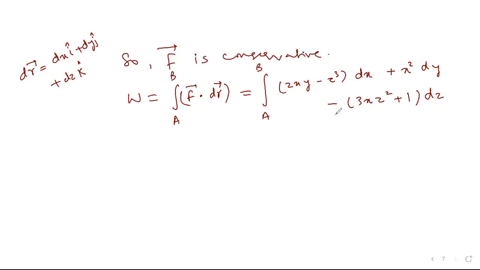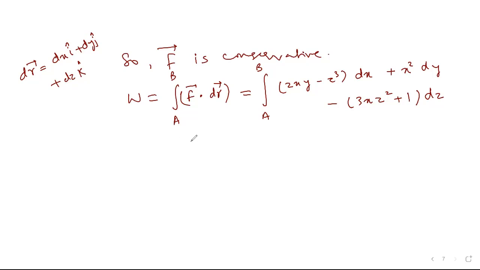Same goes for the z component. The z component of F is minus 3x z square plus 1, then dz is the z component of dr. Now we have to evaluate this integral in order to get W. When we get W, we can find the scalar potential phi, right? Because phi is minus W.